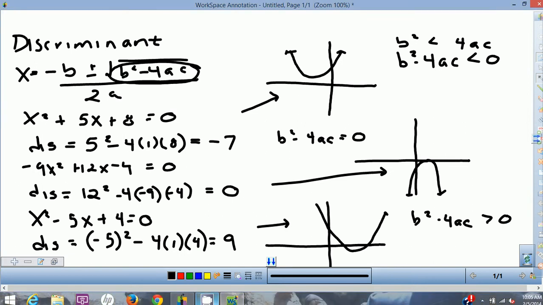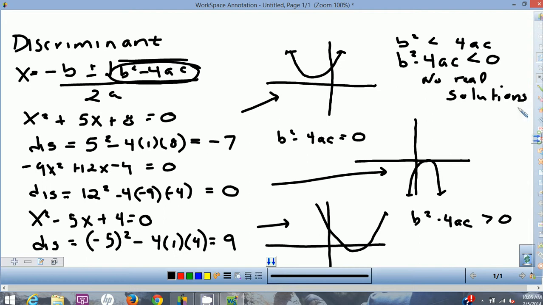So look what this tells us every time. If we compute our discriminant for any quadratic, if we get a number that's less than 0, if we get a negative number, look what happens to our graph. It never crosses the x-axis. There are no real solutions to this quadratic. It's not going to give us an x-intercept.